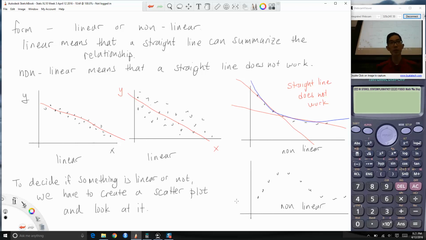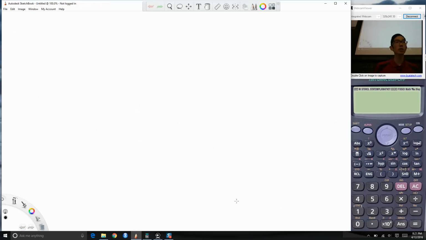That's how we decide if it's linear or not. So we have direction, positive or negative. We have strength, being strong or weak, and then we have linear or nonlinear. In our class, we're only going to deal with linear relationships. If things don't fit a straight line, we're just going to say it's nonlinear, and we're not going to learn how to deal with those things.